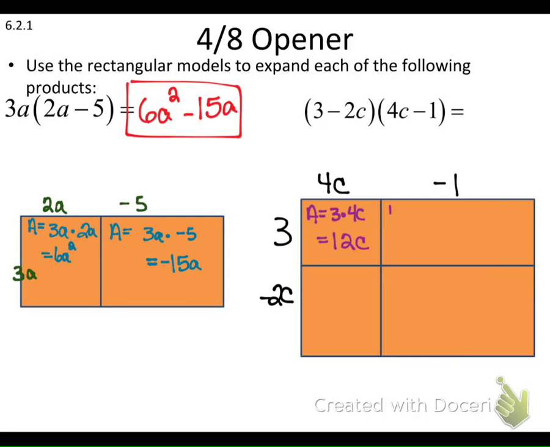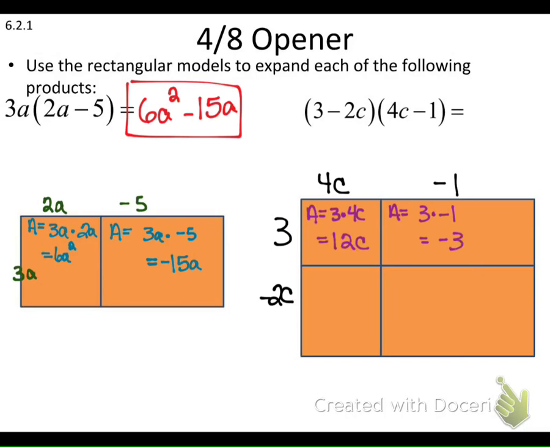David, top right. Okay, which one? Top right, right here. A equals 3 times -1. -3.